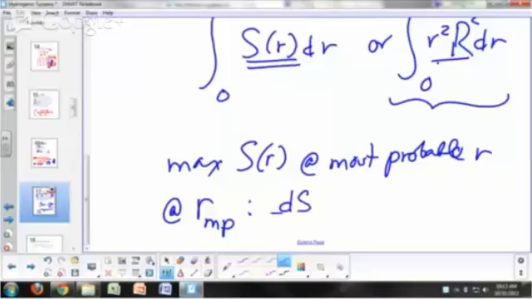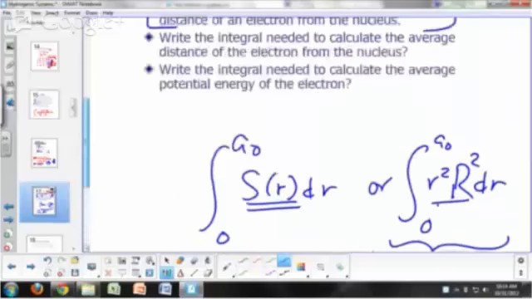The derivative of S with respect to R must be equal to 0. So if you know the expression for S or for R, the radial function, take the derivative of that, set it equal to 0, you can find where the maximum values are for that function.